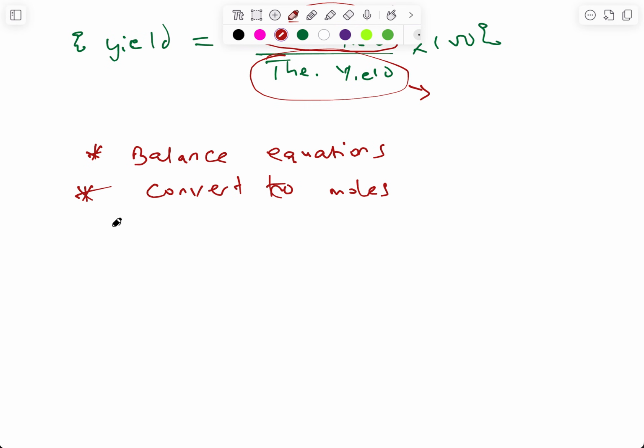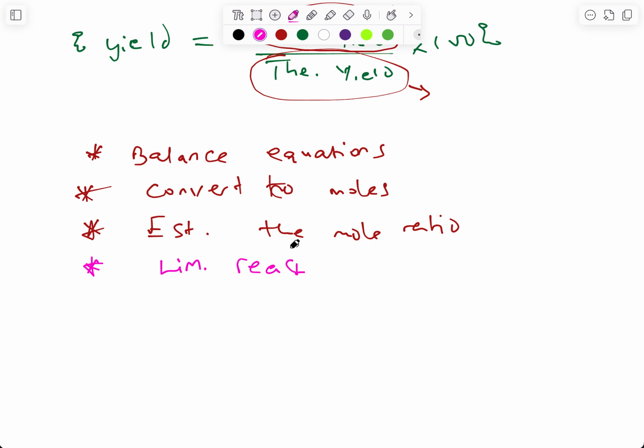But if it is mass that is given, always convert to moles. Then establish the mole ratio from the equation. The final thing you do is to determine your limiting reactant.